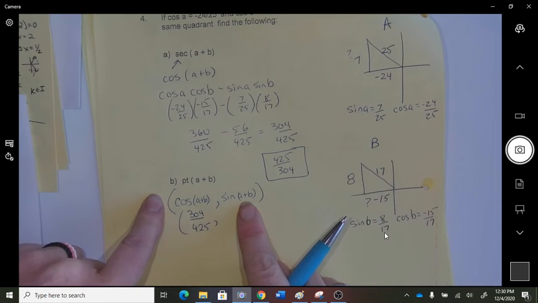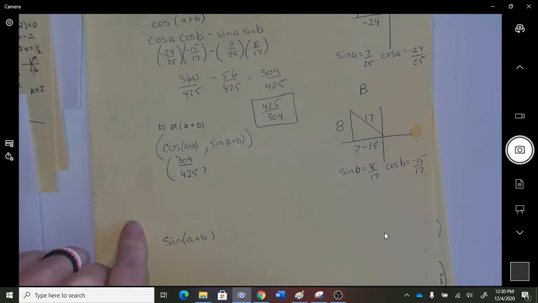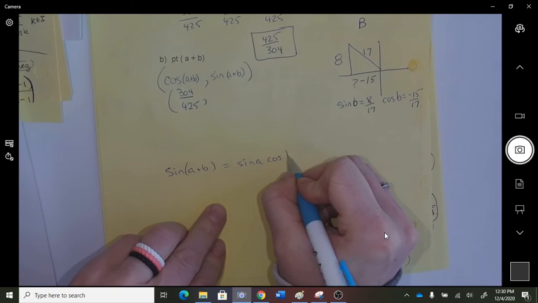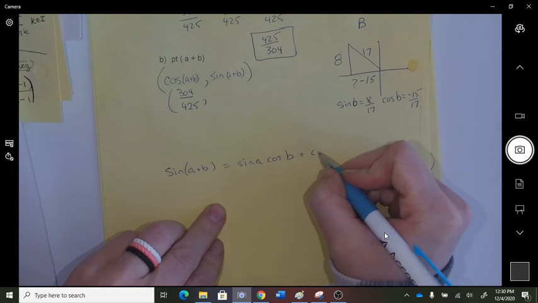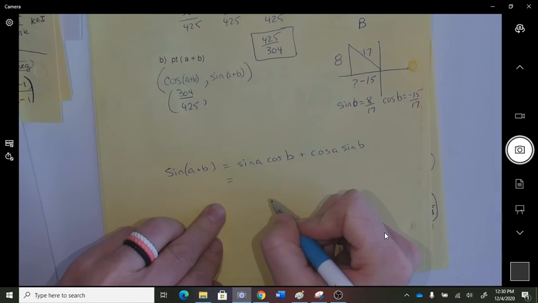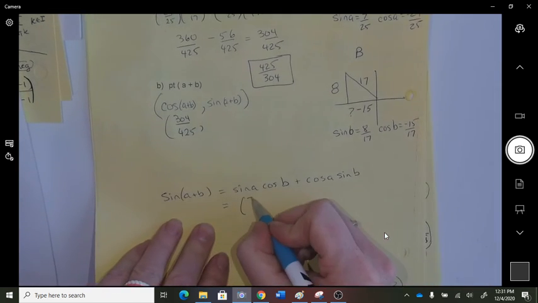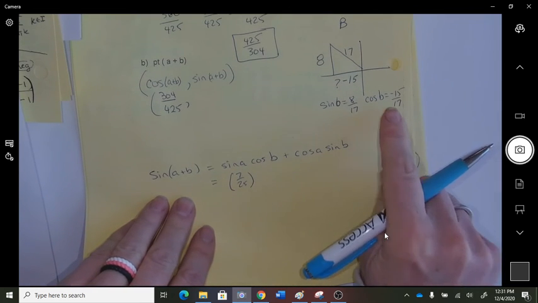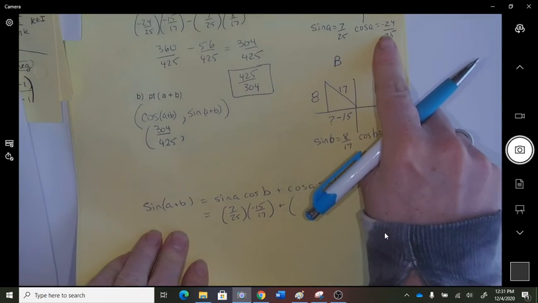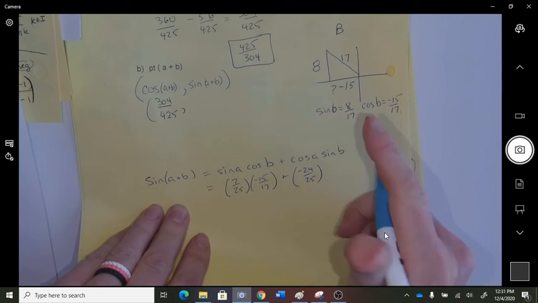So we need sine A plus B. Okay, so sine A plus B would be sine A cos B plus cos A sine B. Okay, so we have sine A, 7 over 25, cos B, negative 15 over 17, plus cos A, negative 24 over 25, and sine B is 8 over 17.